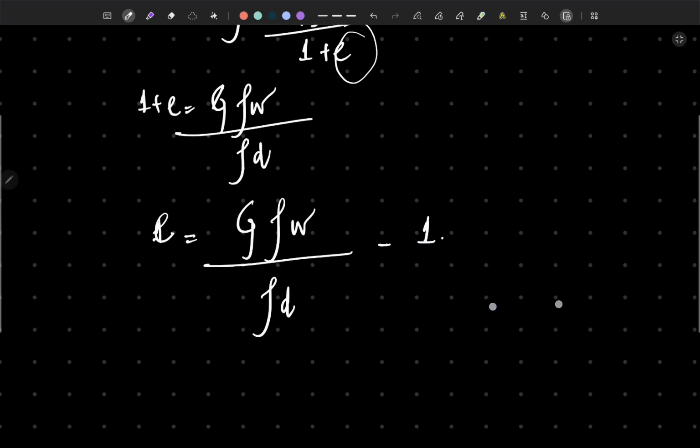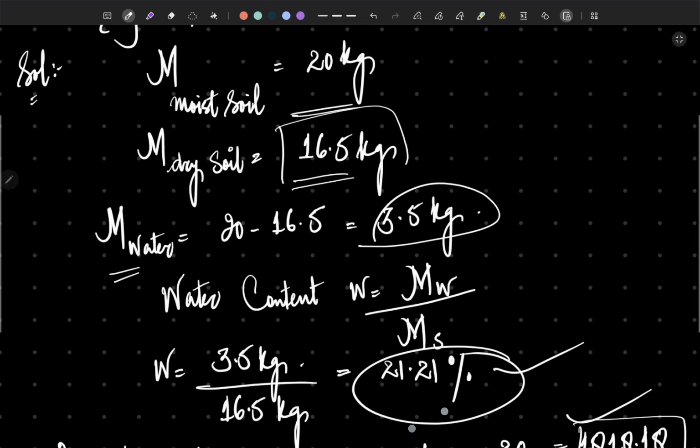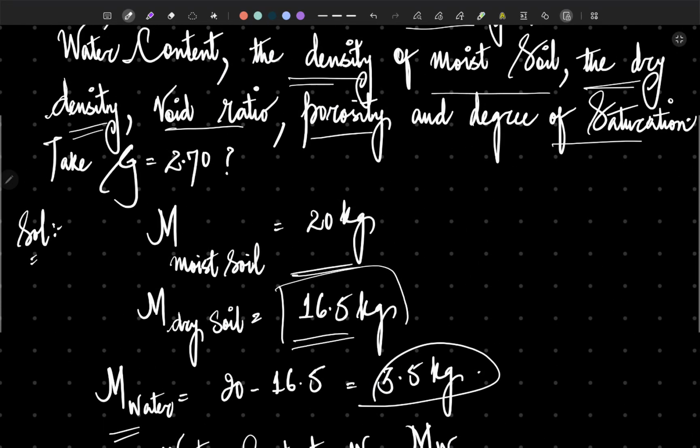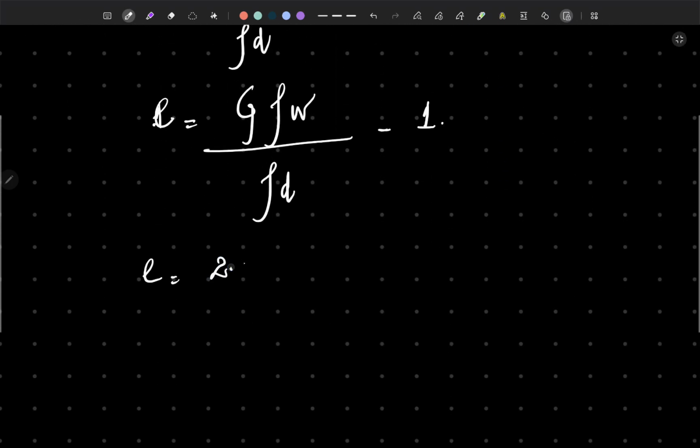So e is equal to G, the specific gravity given in the question. Take G as 2.70, times 2.70. This is the density of water, which is 1000 kilograms per cubic meter.